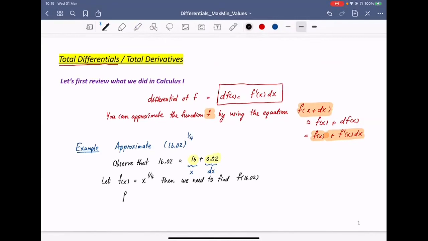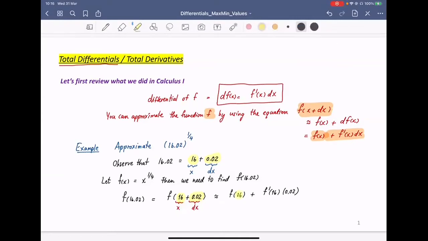To compute f of 16.02, you can say that this is f of 16 plus 0.02. And by the approximation, you can say that this is approximately f of 16 plus f prime at 16 multiplied by 0.02. So what I did here is I have f of x plus dx, which is x plus dx, and then I use the approximation equation.